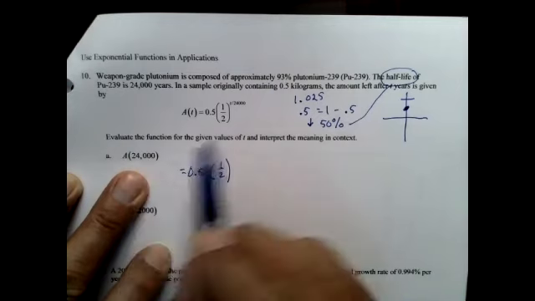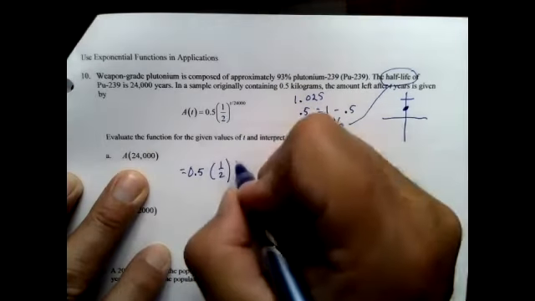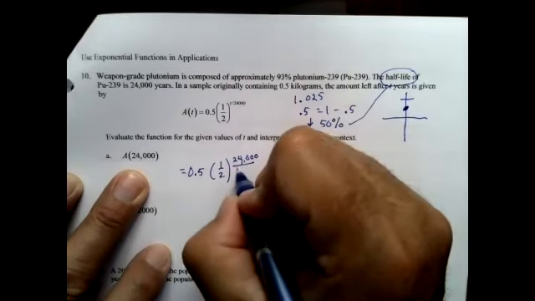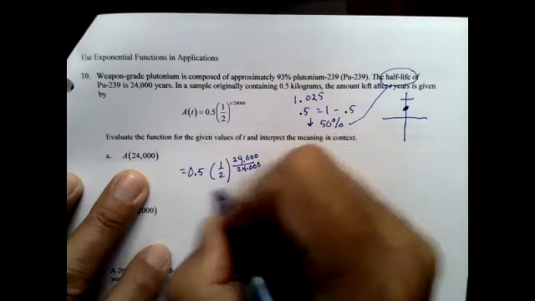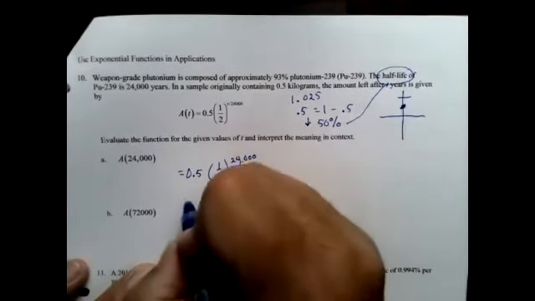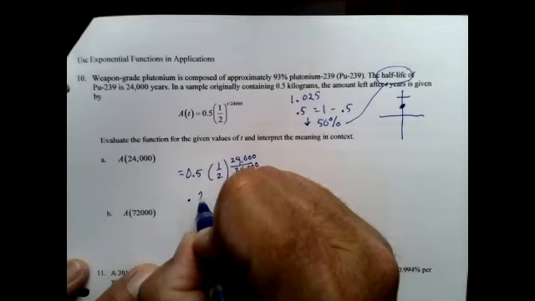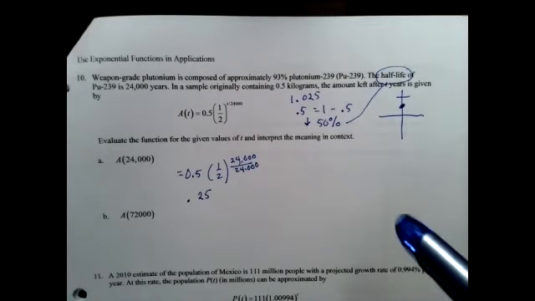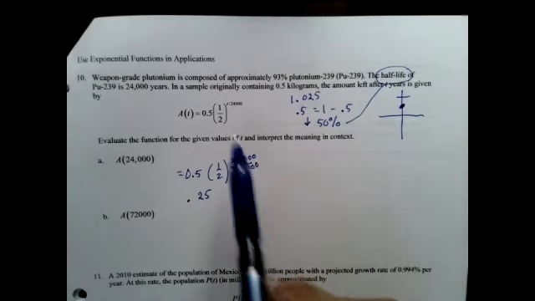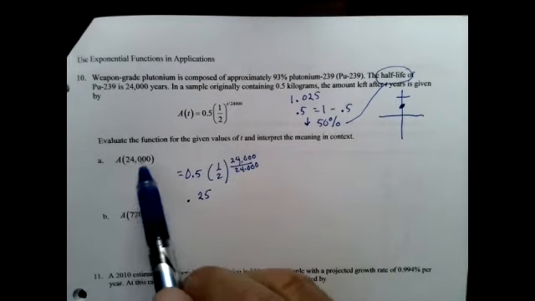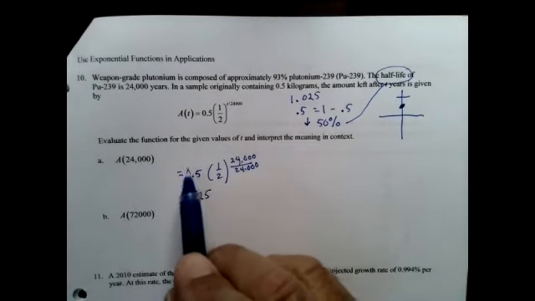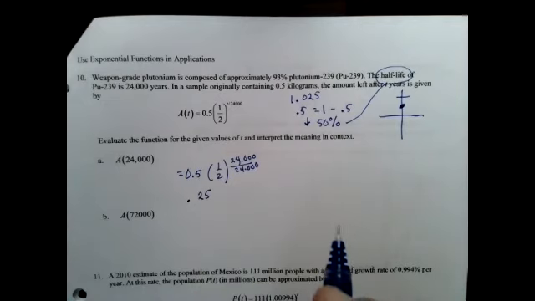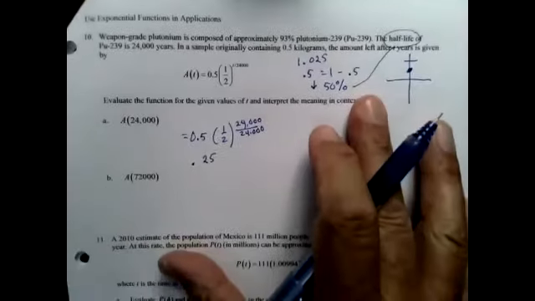So if I put in 24,000 for T, I have 24,000 divided by 24,000, which is 1. 1/2 times 1 is 0.25, 1/2 of a half. So as you can see, in 24,000 years, my original amount, which was 0.5, is now down to 0.25. So there's still some of it hanging around, 1/2 of what we started with.